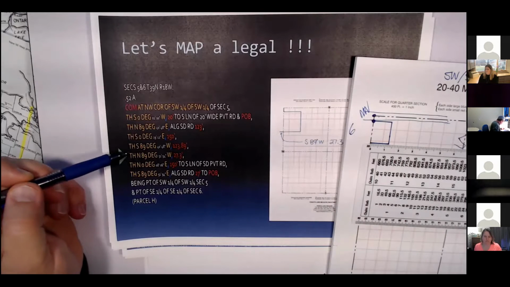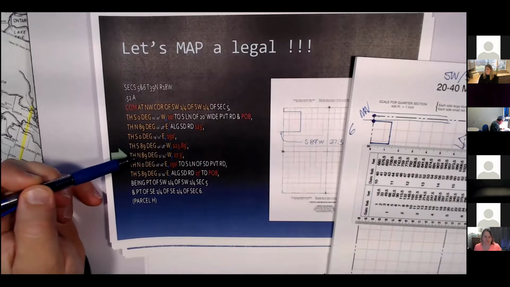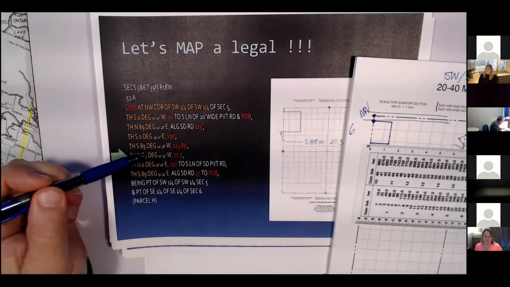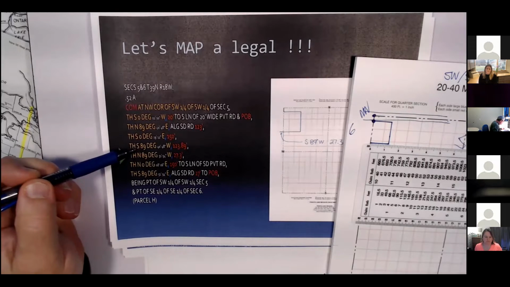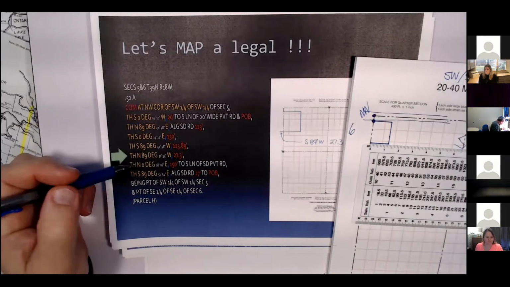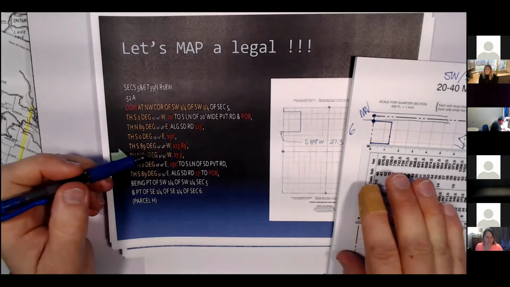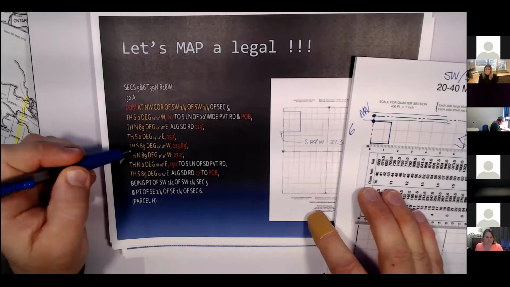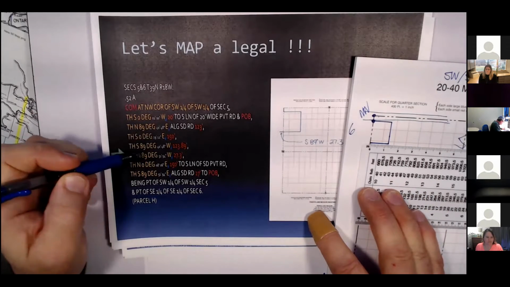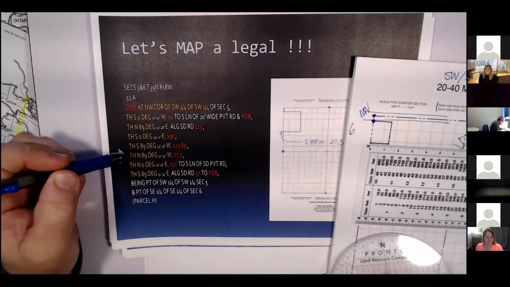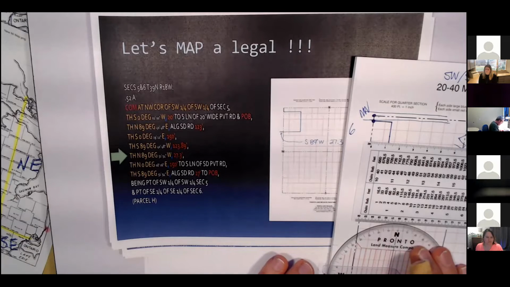In the next description, we're continuing. You'll see that we're continuing in the same general direction, 89 degrees west, but we're changing from south to north just ever so slightly. You'll notice that pretty much this is again straight to the west, but one of them is 89. This is south 89 degrees.